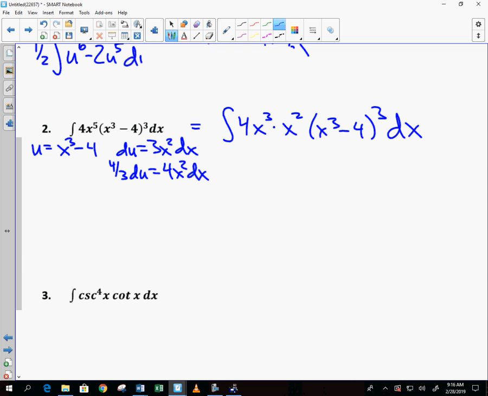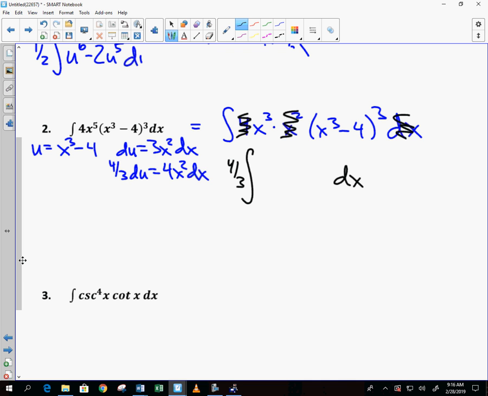At that point, I do like to set up my integral. I have the integral. I have 4/3. I have du. And that allows me to get rid of the 4, the x squared, and the dx. Now, play with the constant however you want. Great.